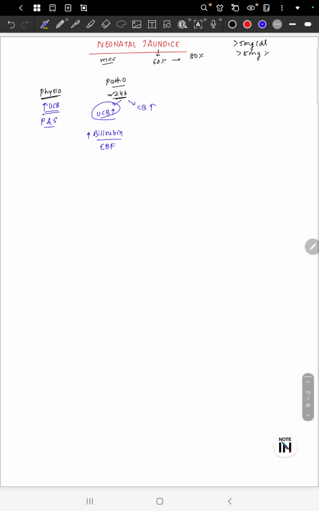Then there are various hemolytic disorders like hereditary spherocytosis and G6PD deficiency, and extravasation of blood like cephalohematoma can also lead to it. Then intraventricular hemorrhage can be present. Infant of diabetic mother can also present with unconjugated pathological jaundice, and delayed cord clamping can be another reason for rise in unconjugated bilirubin levels.